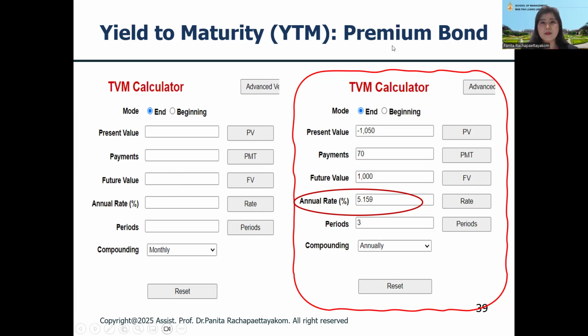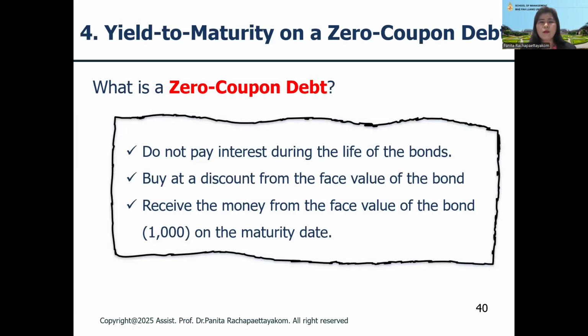But for the premium bond, you put the present value as minus 1,050 baht. Then you click the rate. The financial calculator will give you the yield to maturity of this premium bond, which is 5.15%. Here, I have completed the yield to maturity.